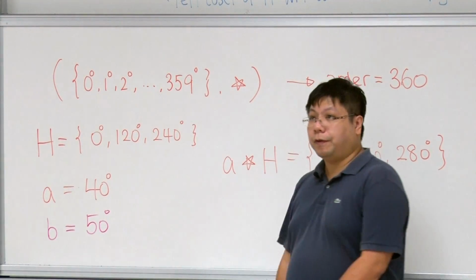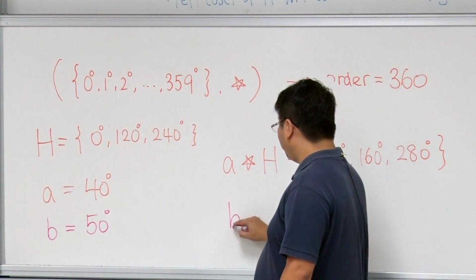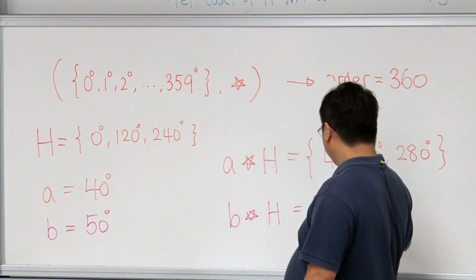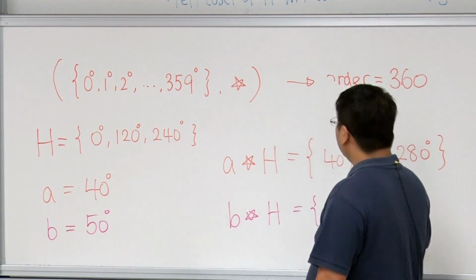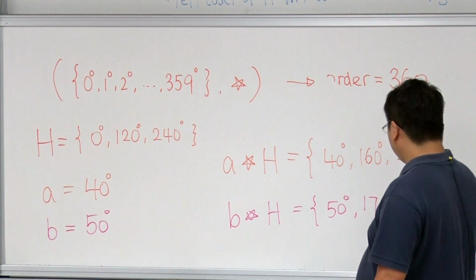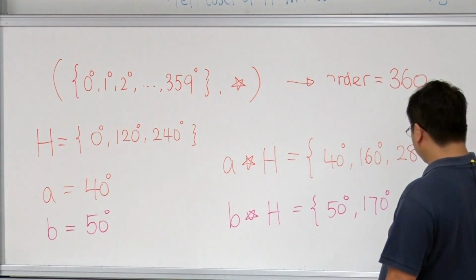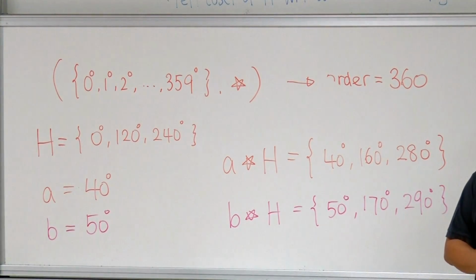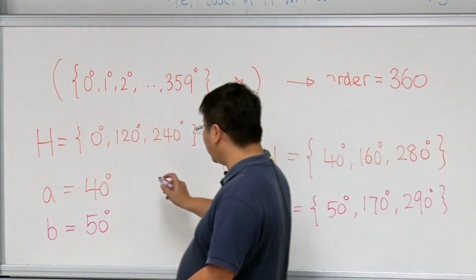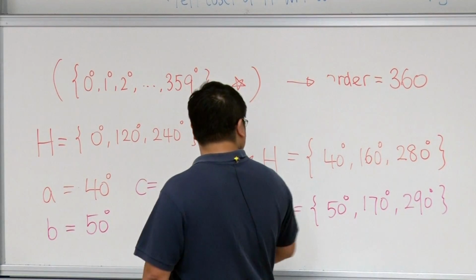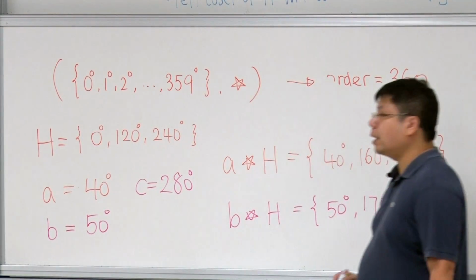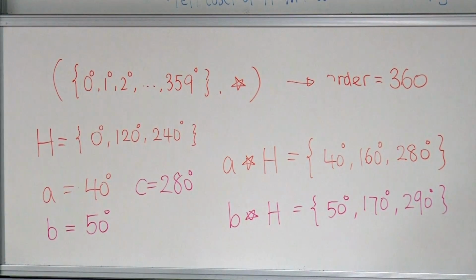When B is equal to 50 degrees, what will happen? Then we will have B star H equal to 50 degrees, 170 degrees, and 290 degrees. Is that okay? And then let's try another one. Let's try C, 280 degrees. Is that okay? Then what will happen for C star H?